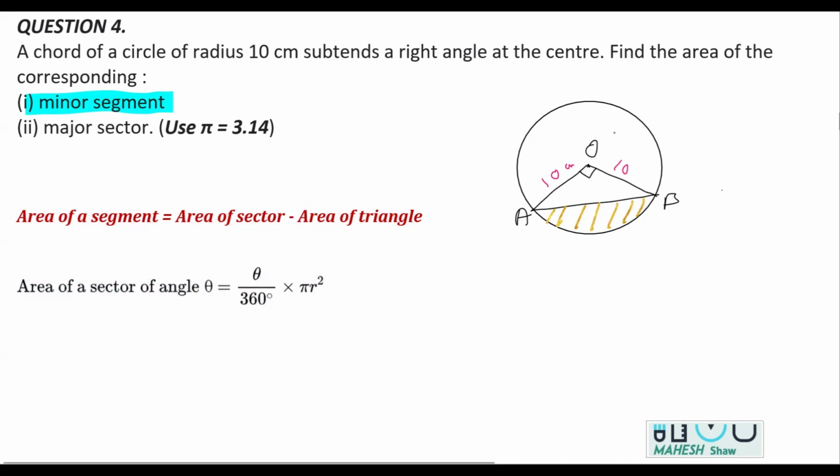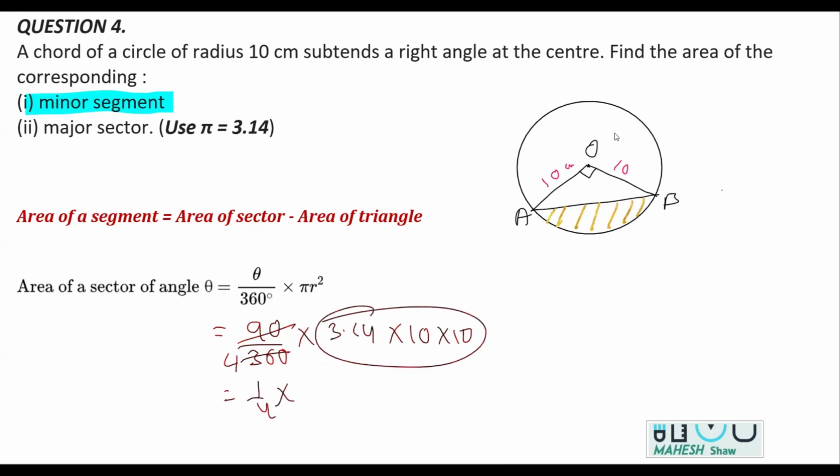So the area of the sector is 90 over 360 into pi, which is 3.14 as per the question, and r square is 10 into 10. This is divisible by 4, so we get 1 over 4, and this multiplied by 100 will be 314. I can reduce it by 2 times. So we got 157 over 2 centimeter square.